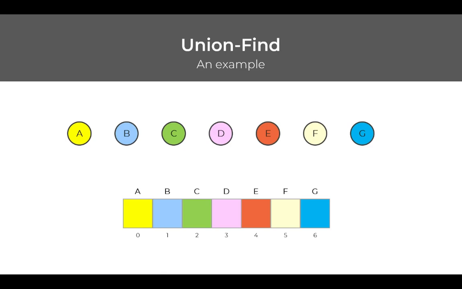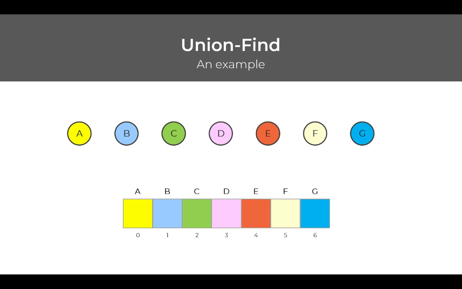At the start, I'm going to start with all the elements in a separate subset. So for a set of 7 elements, I'm going to have 7 different partitions, and here they all have a different color. I've got the partition containing only the element A, a partition containing only the element B, and so on.